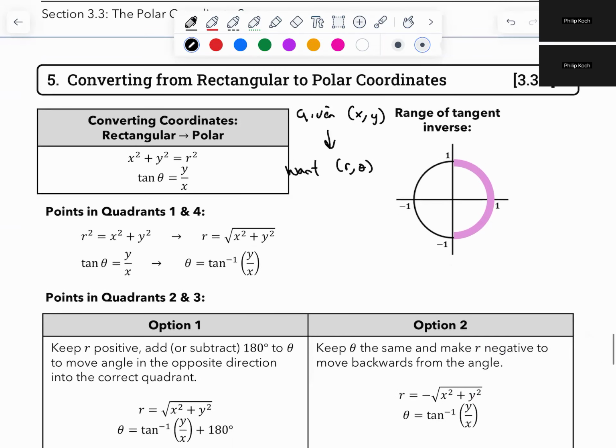We have this point, let's call it x comma y. We want to find r, and we want to find theta. Well, to find theta, we can think of it like a triangle.